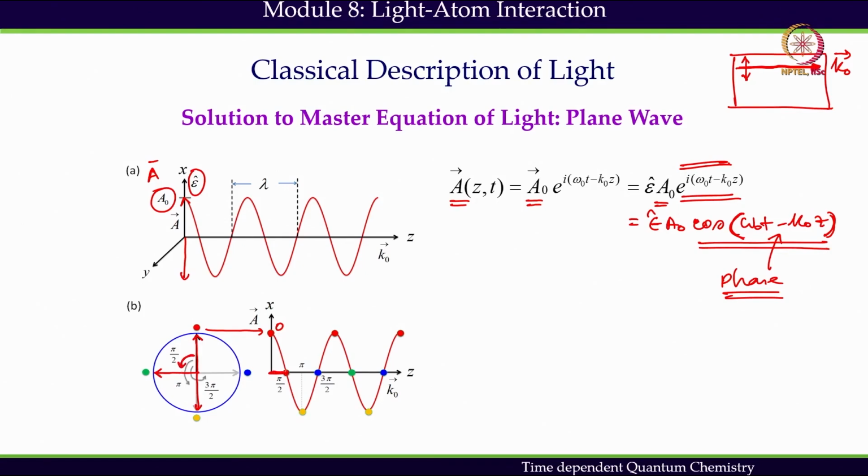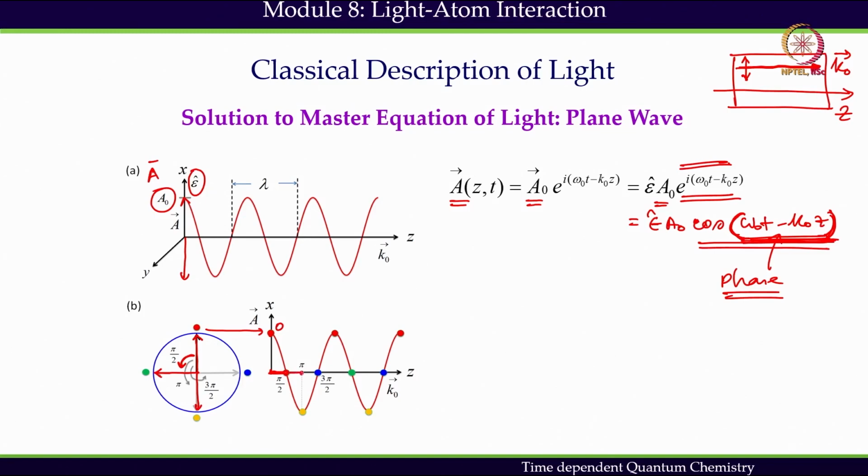Because everything inside this cos function has to be some kind of angle, when it's making a linear transition along this z axis, when it comes here, it is making pi by 2 phase.